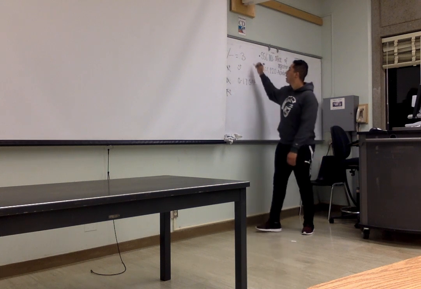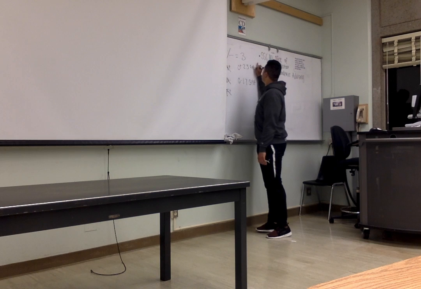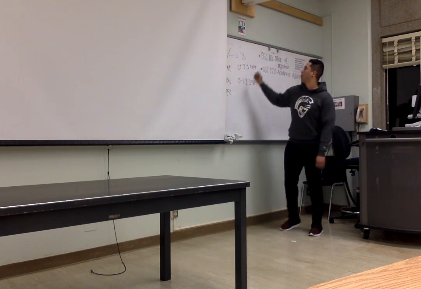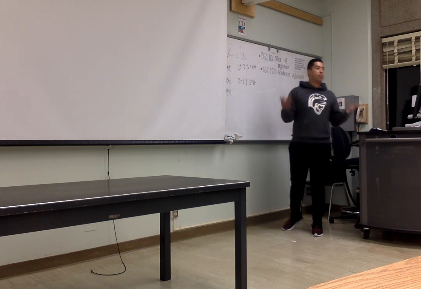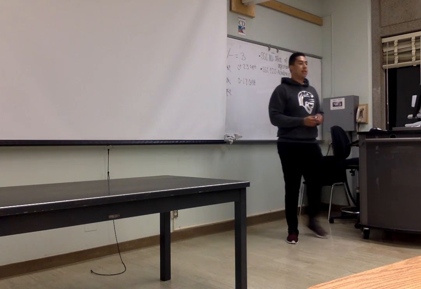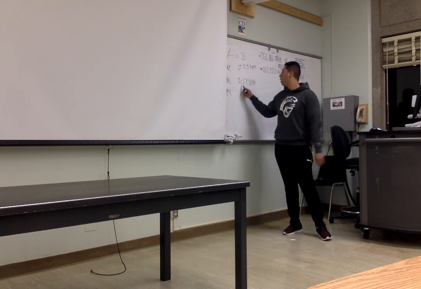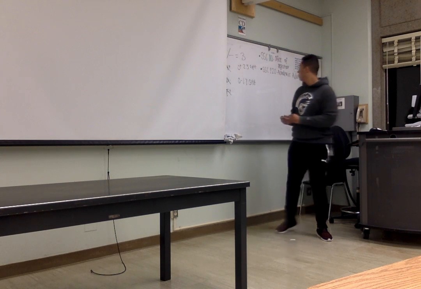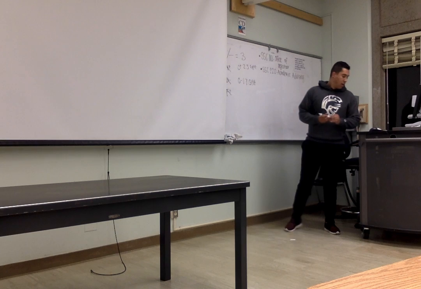A C+ can equal a 2.3 GPA. So this is what I mean, pluses and minuses do count. Like I said, people might say C's get degrees. C's do get degrees, but C-'s don't, because if you fall below a 2.0, you're on academic probation. So that's our grading policy here.